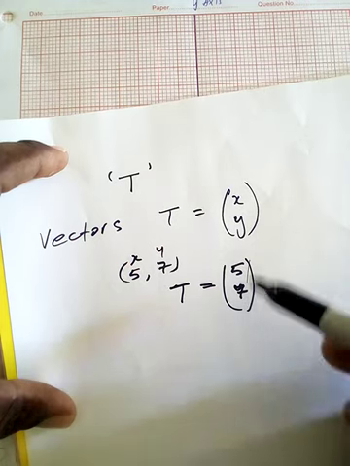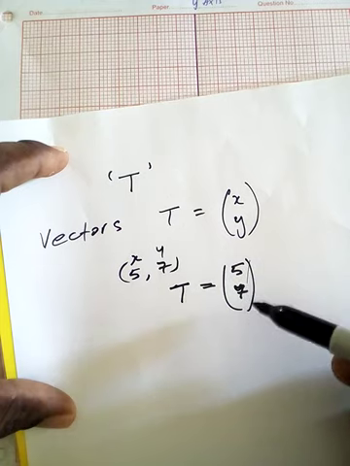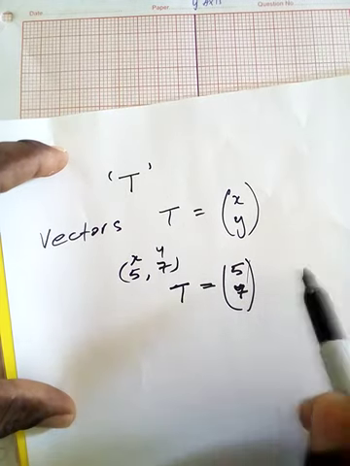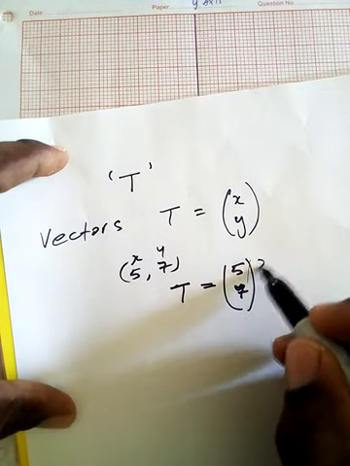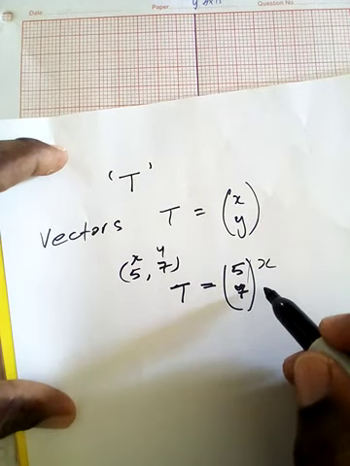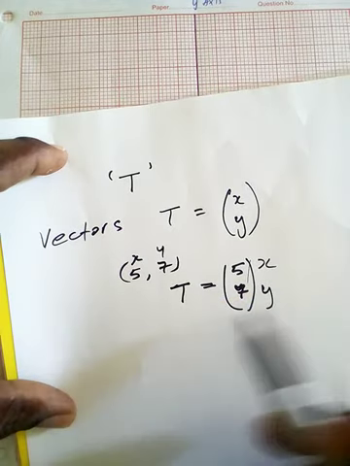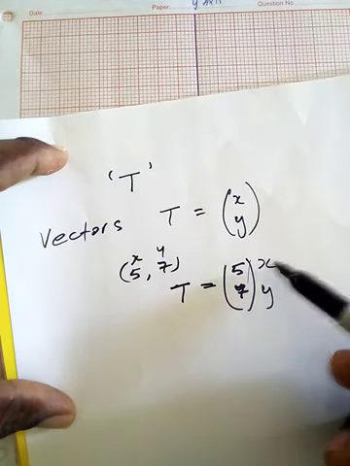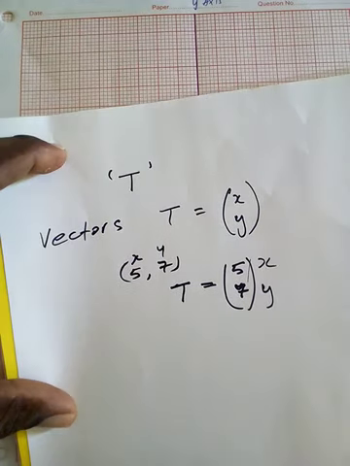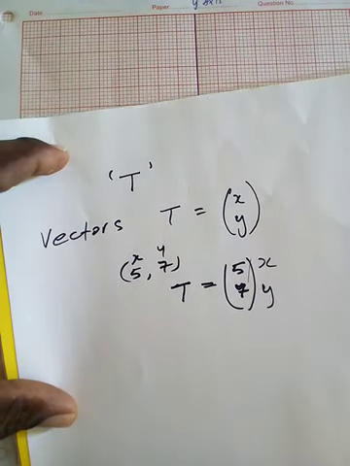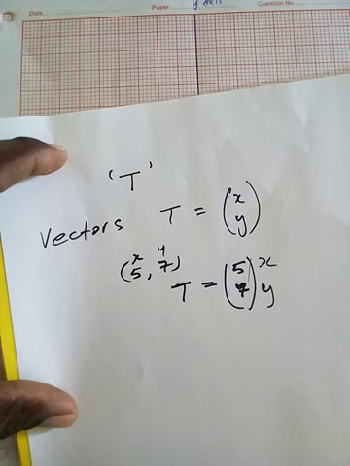It is written like an array, 2 rows, 1 column, and this is the coordinate basis. So it tells us that the first value represents the x, the second value represents the y, and this is how they represent vectors as column vectors.